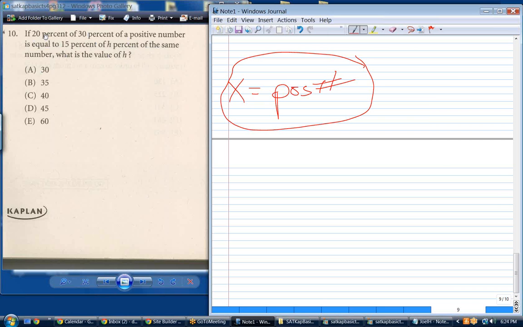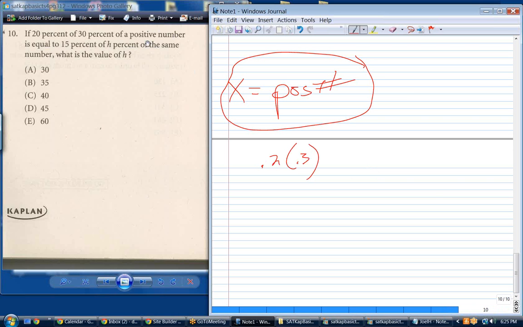What does it mean, 20% of 30% of a positive number is equal? That's the left side of the equation. So how would I write that? 0.2 times 0.3 times, is equal to, hold it.